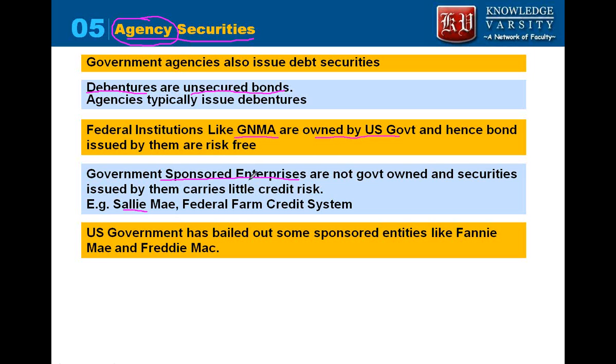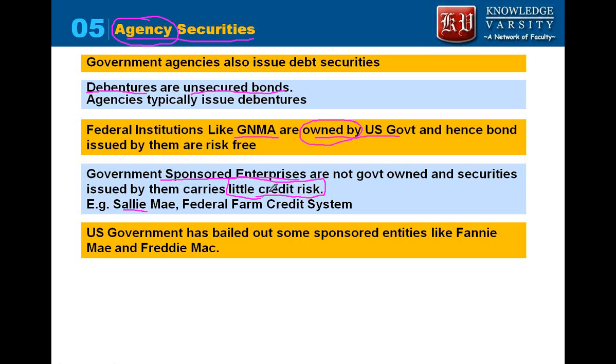Okay, so the bonds issued by government owned institutes are risk free because the government owns them, and as we have seen, government bonds issued in the same currency are risk free. But government sponsored agency bonds are not entirely risk free. They do carry a little credit risk because the government may not honor the obligation. It is not mandatory for the government to honor the obligation.